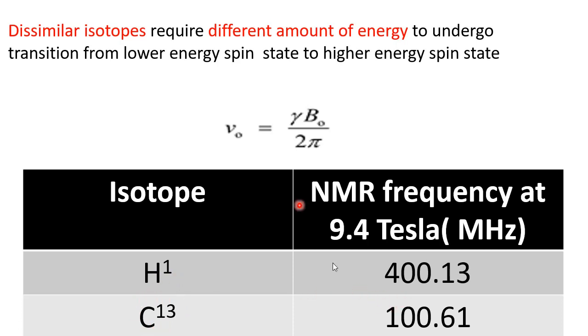So the magnetogyric ratio is different, and since it is different, the precessional frequency for the proton is 400 megahertz at 9.4 tesla and for carbon-13 it is 100 megahertz at 9.4 tesla. This indicates they would require different amounts of energy to undergo transition from the lower energy spin state to the higher energy spin state, because the precessional frequency is different.